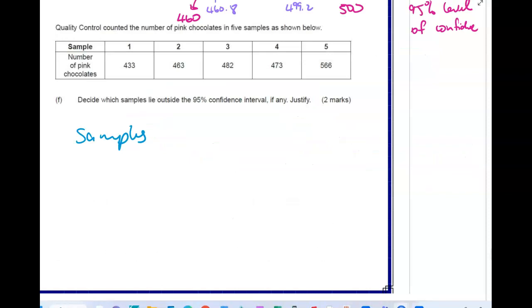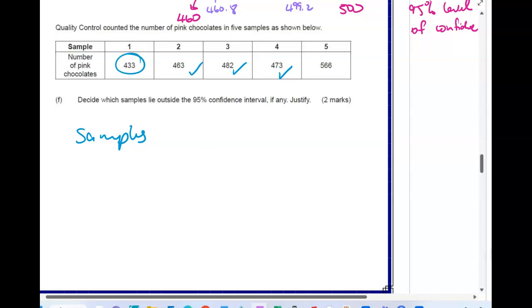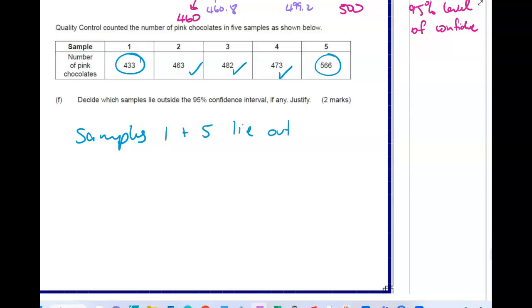So sample 2 is okay, 3 and 4 are okay, 433 is too low, it's lower than 460, and 566 is too high. So samples 1 and 5 lie outside that range.